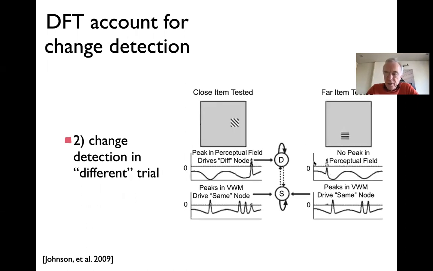But now in a different trial, we're looking at a different trial, so an item that differs comes in at a third location, but close to the two similar ones, metrically close to the closer ones, versus a test item that is different, that is close to the far item.